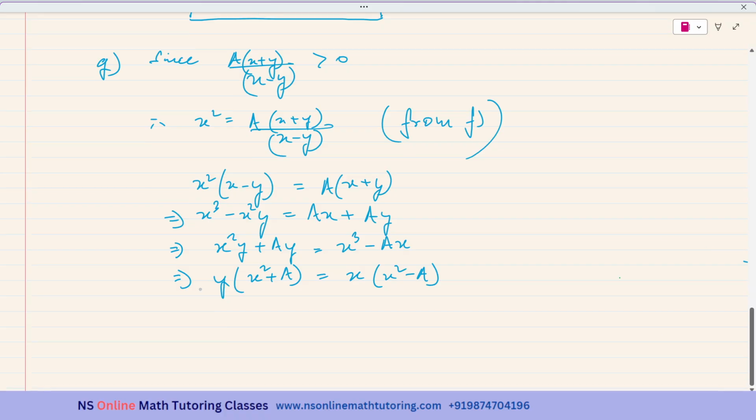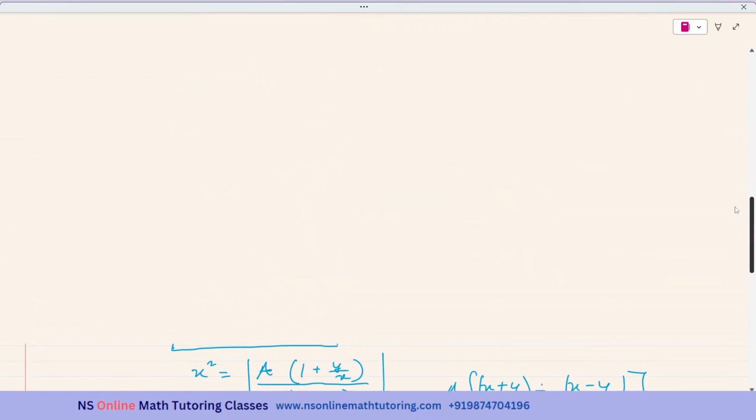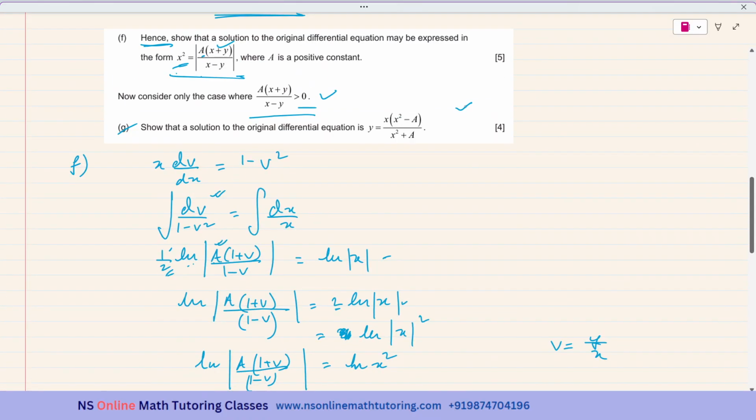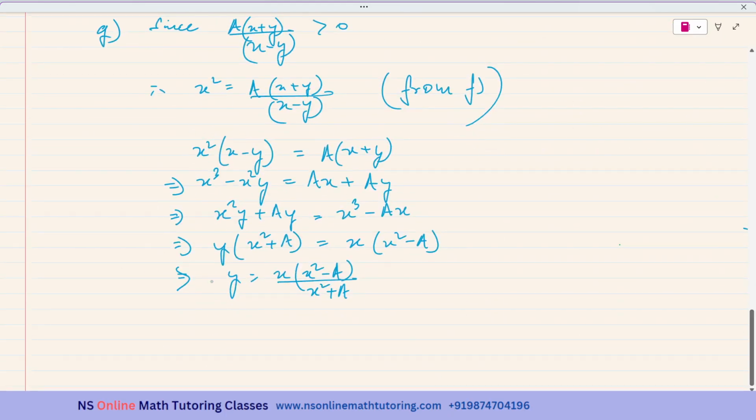So y equal to x times x square minus a over x square plus a. So this is what we had to show. So shown.